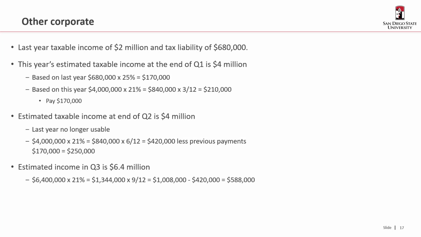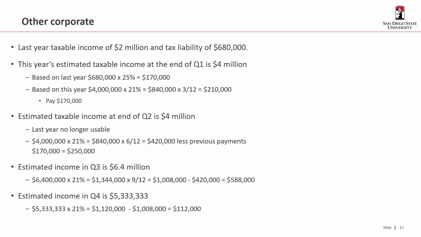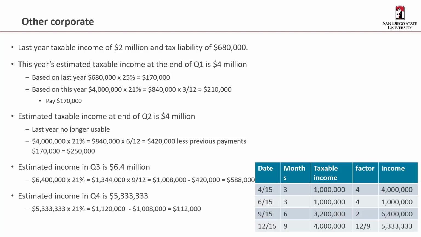So that's my 170 for the first quarter, my 250 for the second quarter, means I owe the government $588,000. And then I get to my last quarter. I have already estimated my taxable income, 5.3 million times 21%, 1.12 million, less what I've already paid in, means my fourth quarter payment on December 15th is 112,000.